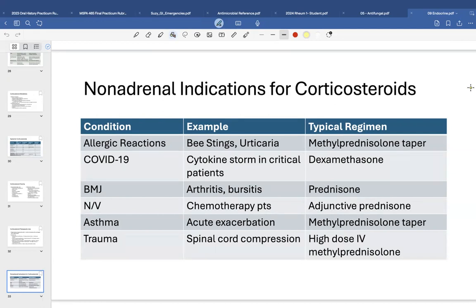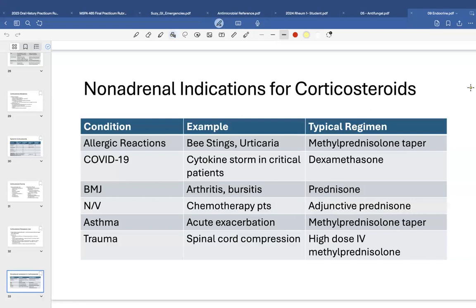A couple weeks ago, we talked about COVID-19, where dexamethasone can be part of your treatment of critical care patients experiencing cytokine storm. For bone, mineral, joints, arthritis, bursitis, you may use prednisone for those inflammatory conditions. Prednisone can also serve as an adjunct for chemotherapy-induced nausea and vomiting.